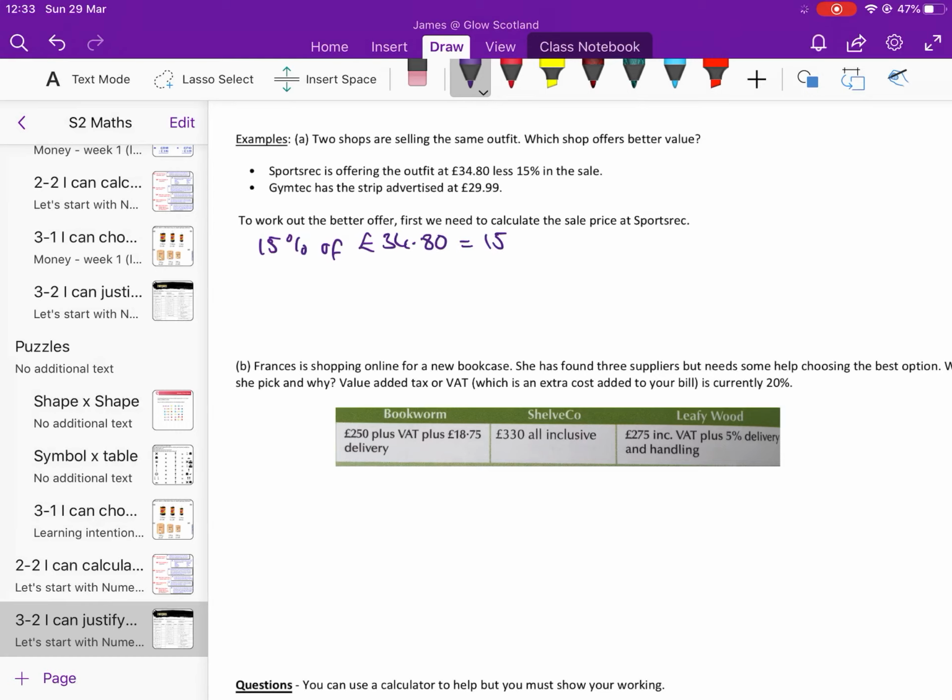If you've got your calculator, you're doing 15 divided by 100 times 34.80. You can fire that in, and we will get our answer, which is £5.22.